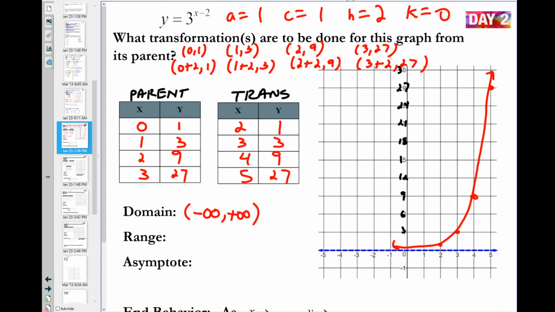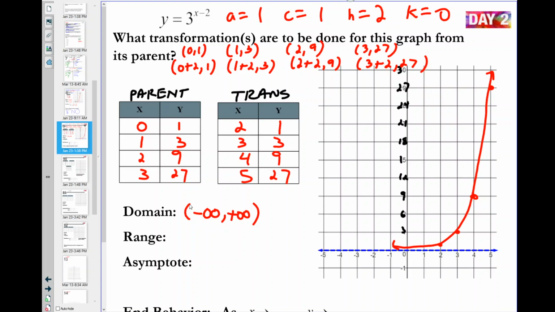Shina, what's the range? If you can't get it, Kate's going to start waking up so he can help you too. Kate, you want to help her? What's the range? We've been doing domain and range since 9th grade.